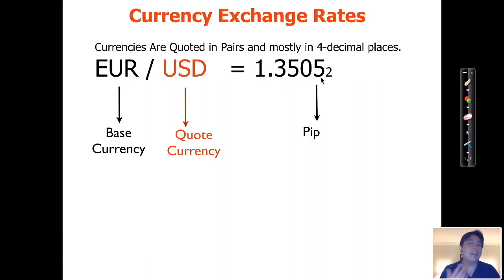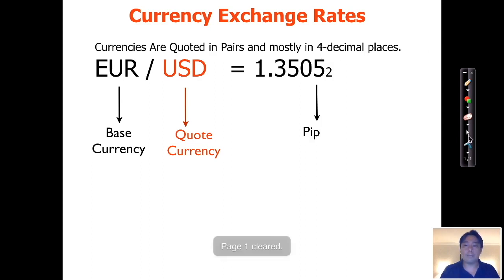Now, usually when we read it, we don't go 1.3505. We just say 3505. Now, if it goes from 3505 to 3506, what does it mean? It means that the euro USD has gone up by 1 pip, because from 5 to 6, it's 1 pip. Does that make sense?